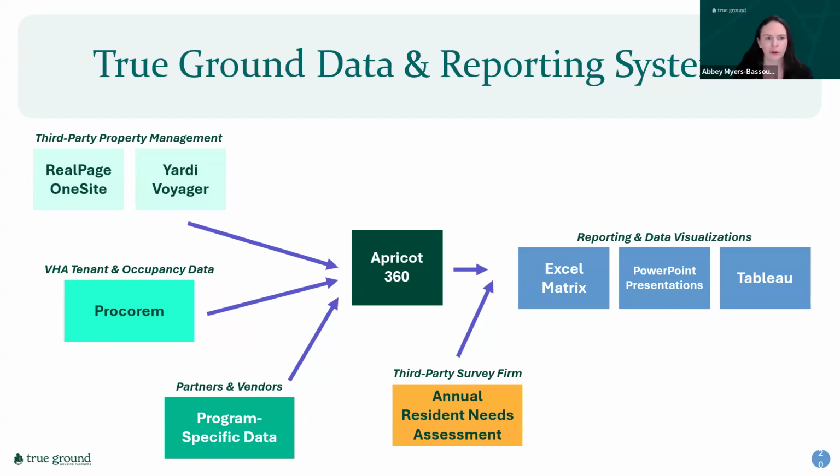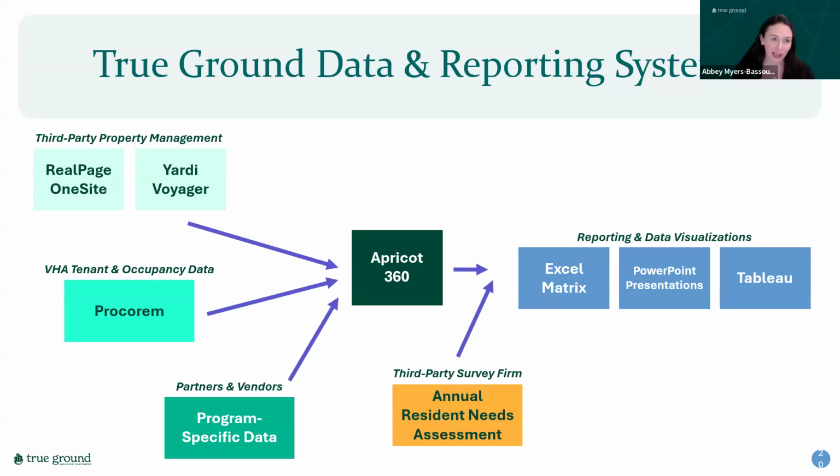So we will take from our property management systems each month, who's moving in, what is their move-in date, contact information, who's on the lease, who else is living in the unit, etc. We'll pull that into Apricot, but then we want to get more information than that, right? So now we're asking about demographics, about what support systems or benefits they're already receiving, what they might be eligible for or need. And so we're adding to that database through Apricot 360.